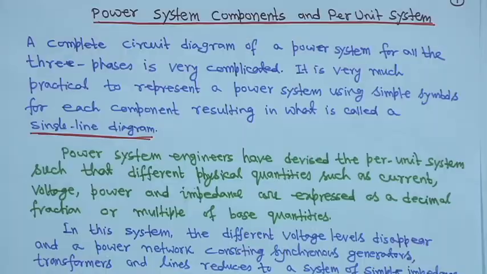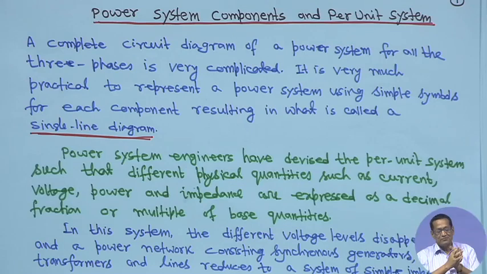Here, generally you have seen, when you are drawing the diagram for a power system network, that we are basically making a single line diagram. Although it is a 3 phase system, the 3 phase system is basically a balanced system, and that is why it can be represented by a single line diagram.